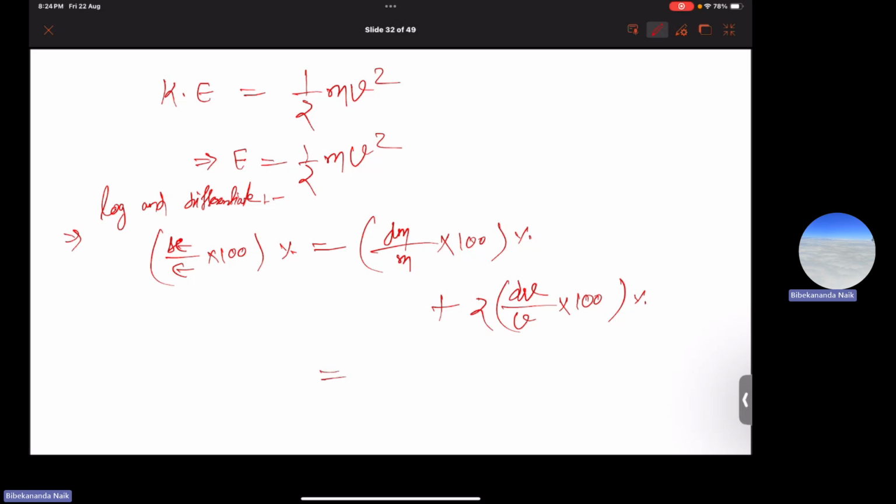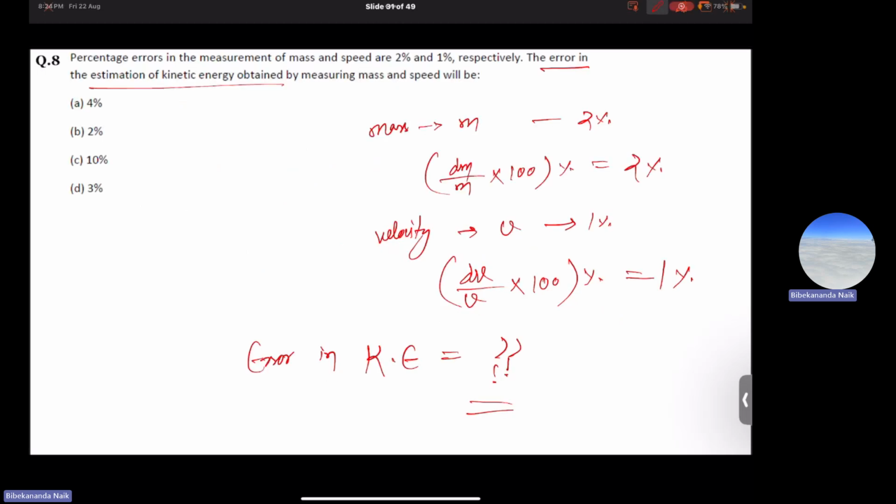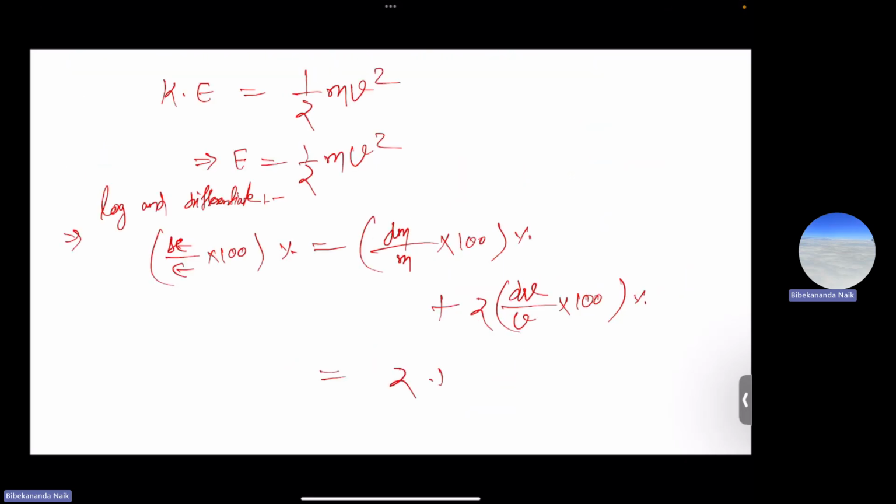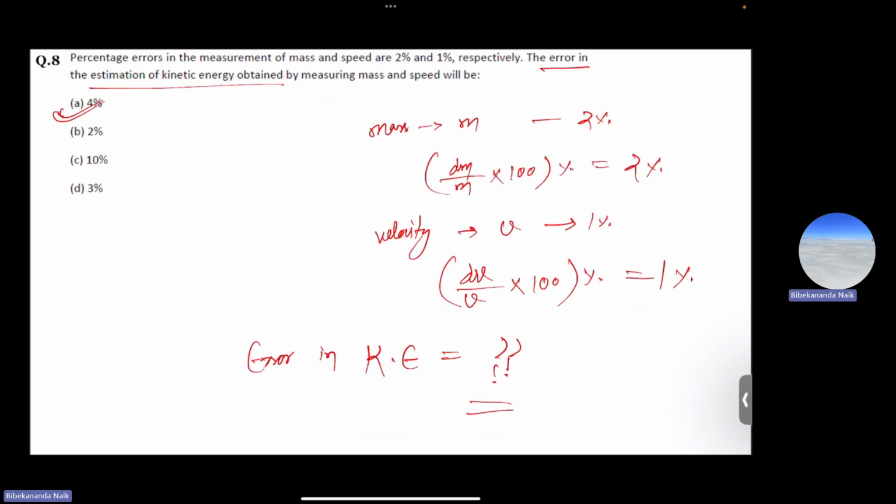So dm by m into 100% is 2%. So 2 plus 2 into 1, 2 plus 2, 4%. So correct answer is option A, 4%.